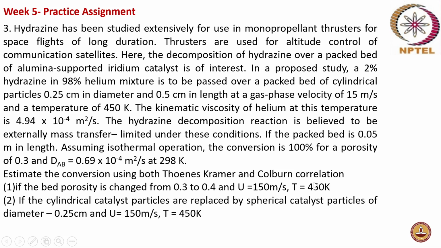If the cylindrical catalyst particles are replaced, and this is case 2, by spherical catalyst particles of diameter 0.25 centimeter, and again here in the second case also the velocity is 150 meter per second and the temperature is 450 Kelvin.